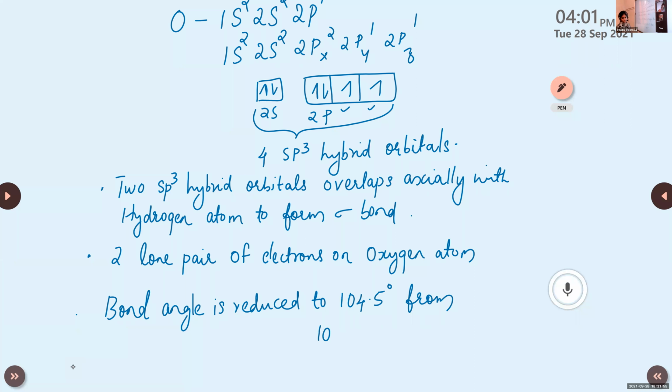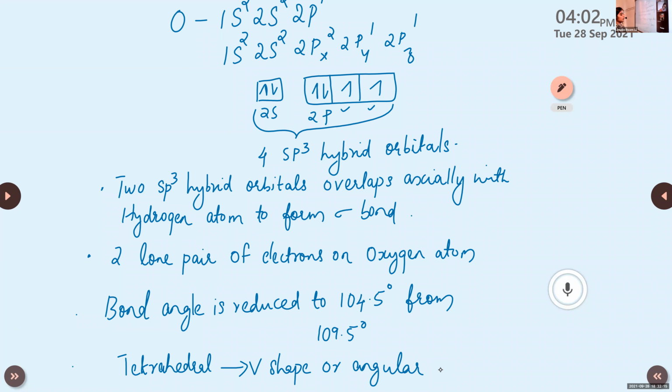Then the geometry is also changed from tetrahedral. It is converted to V shape or angular. But these 2 compounds also belong to the category of sp3 hybridization.